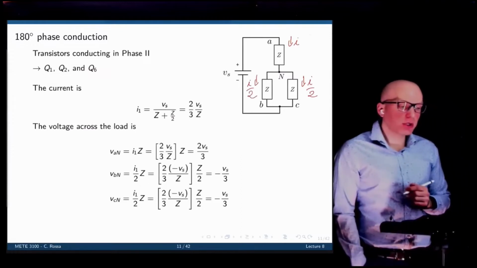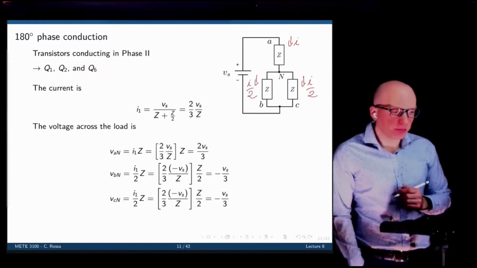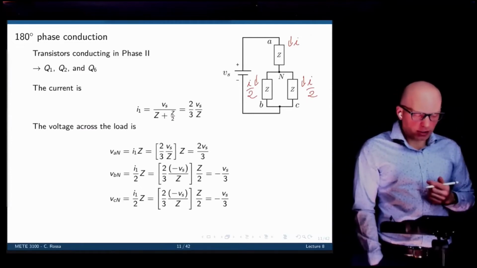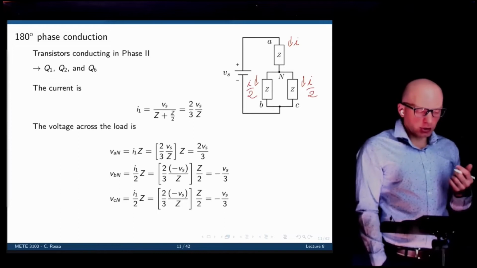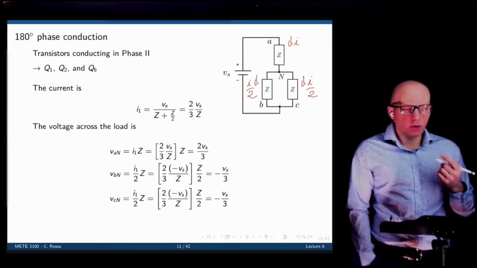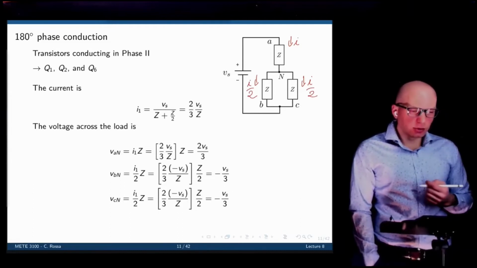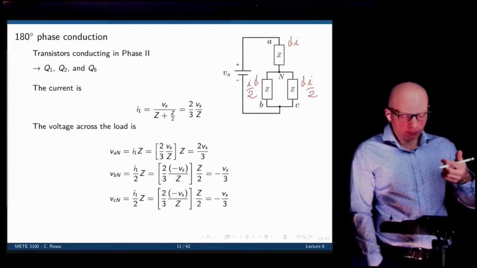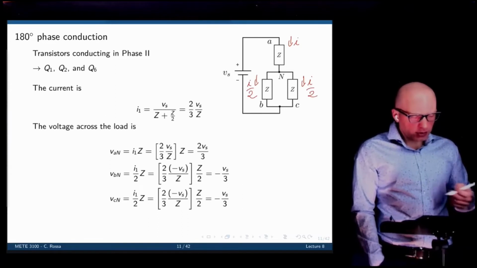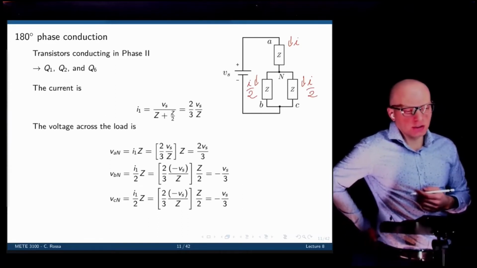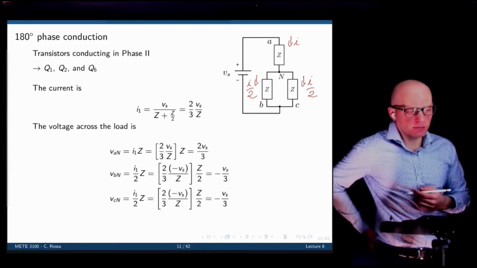You can recalculate the voltages in the same way we did before. For A with respect to the neutral, we still have a positive voltage, now 2/3 of the input voltage. For B and C to neutral, we have negative voltages because they're flipped now. Following the same strategy, the voltage drops there are negative Vs over 3 and negative Vs over 3.